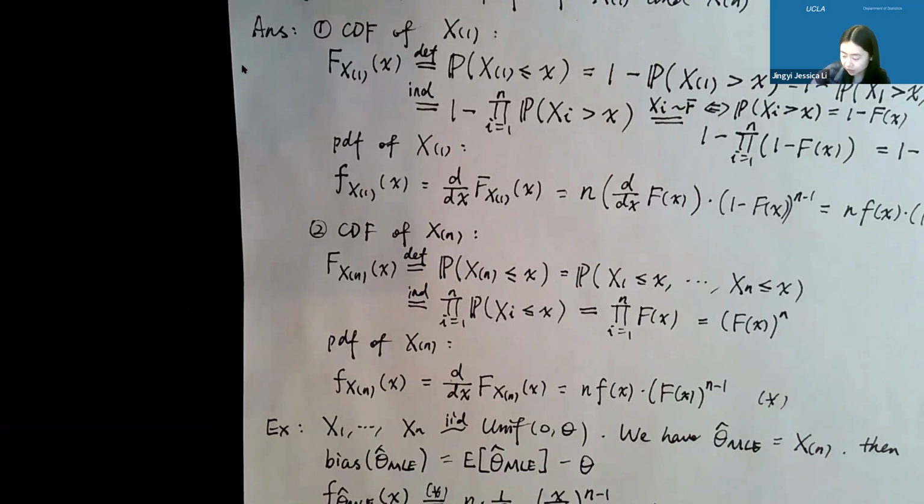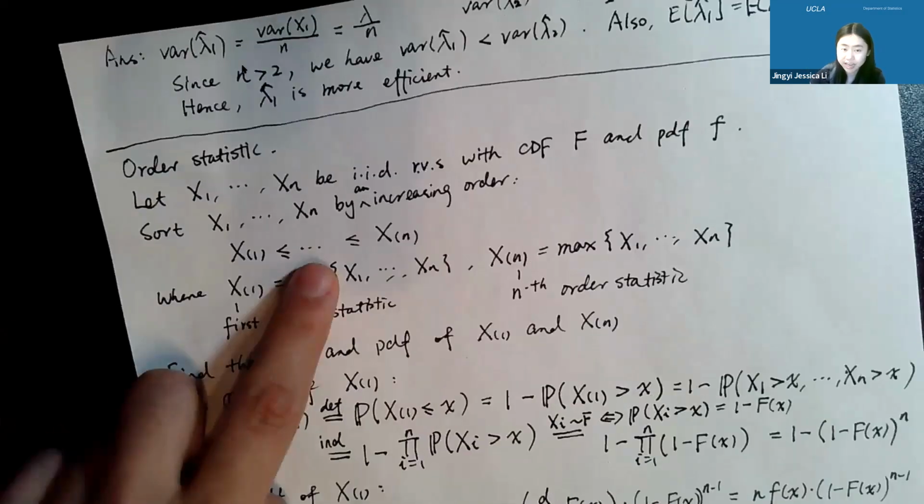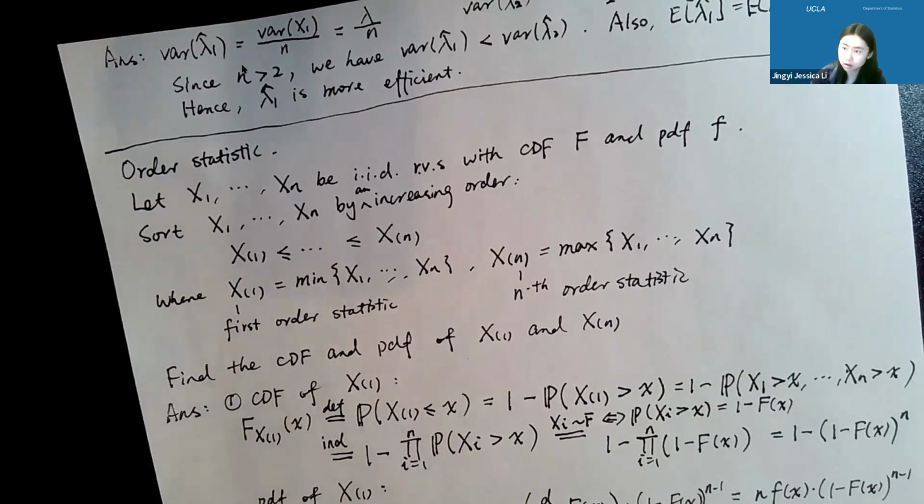The PDF I'm going to share on CCLE has a more general result. That is, for any order, say the k-th order statistic, you can still calculate the CDF and PDF, and that is a little more complicated. You just need some discussion.